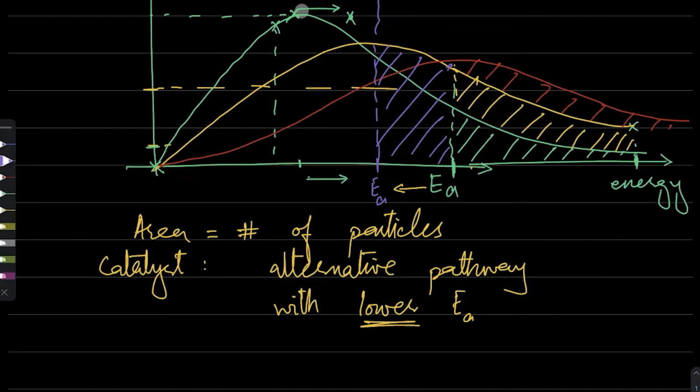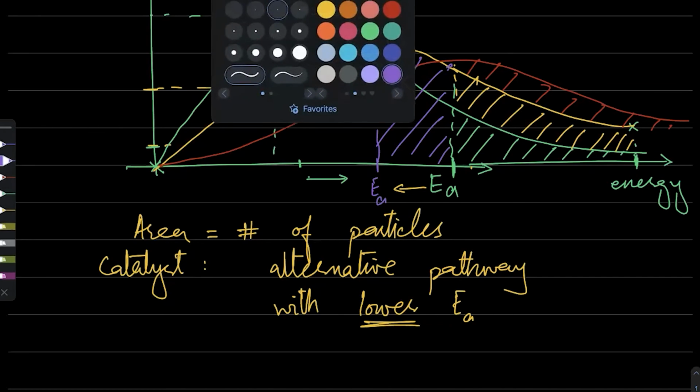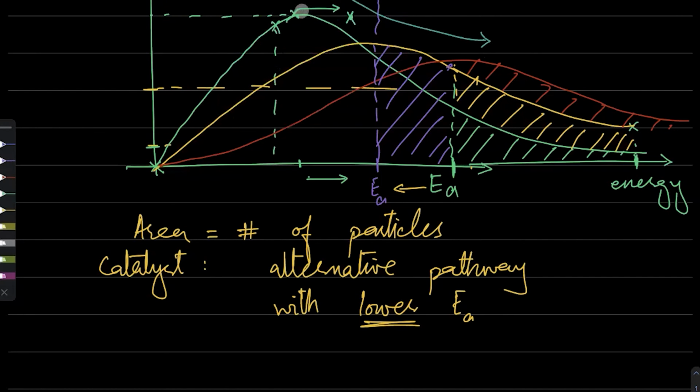Fair. So here's the thing: the green one has lower temperature, yellow one has higher temperature, red one has even higher temperature. But that also means that the more temperature they have, the more the curve goes like this. The curve goes towards the right side, but its height also decreases. That is because more particles have higher energy, higher velocity. The curve now is more broad, it becomes flatter because many more particles come to the right side.